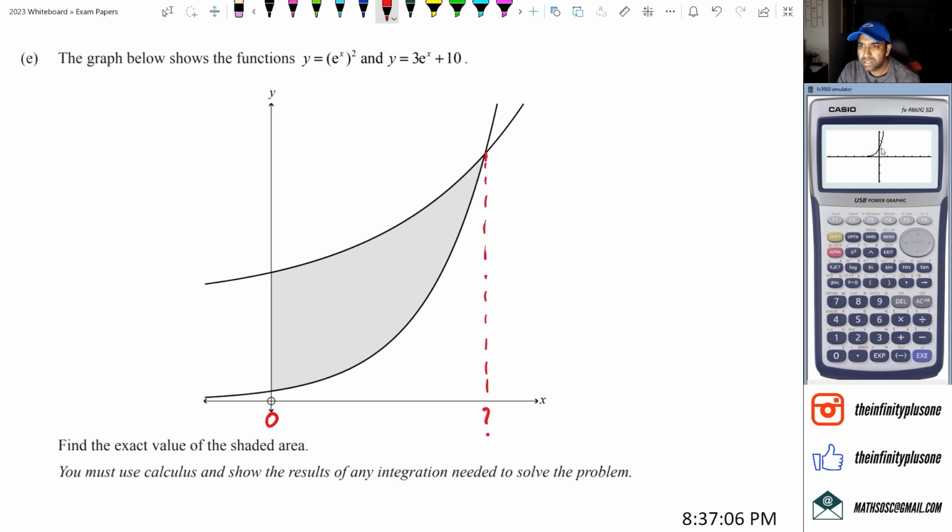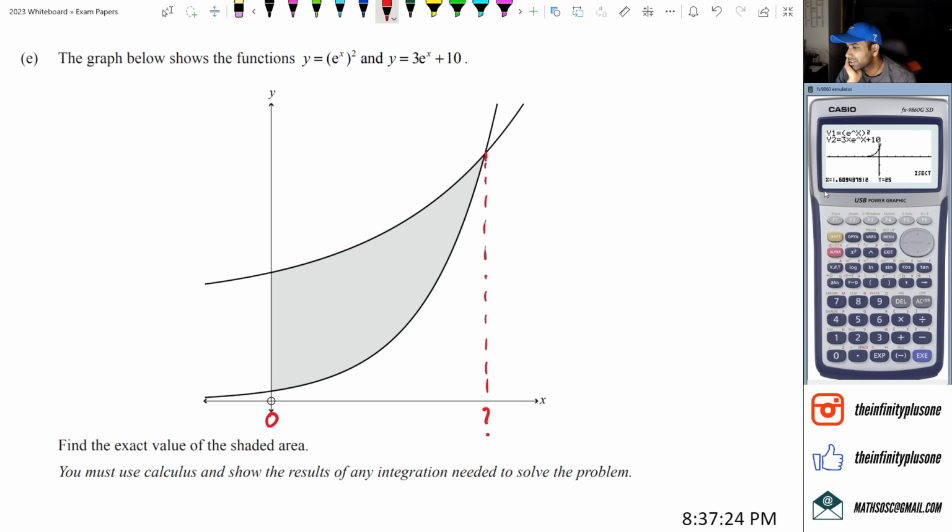So I've drawn both of these graphs. Now, obviously, I can't actually see these points, but if I go G-Solve and see if I can find the intersection, is it going to work? I get 1.609.